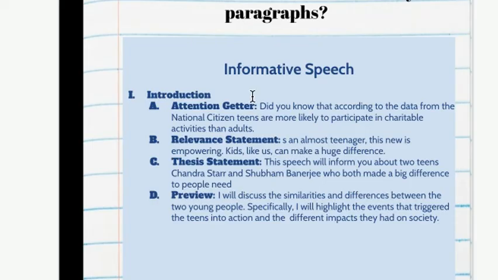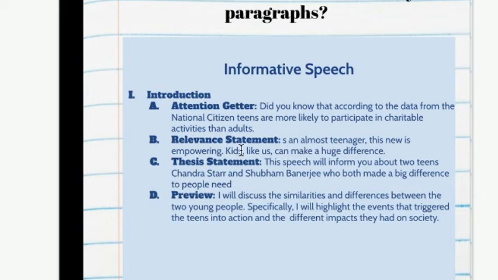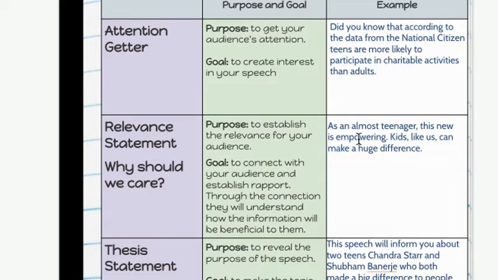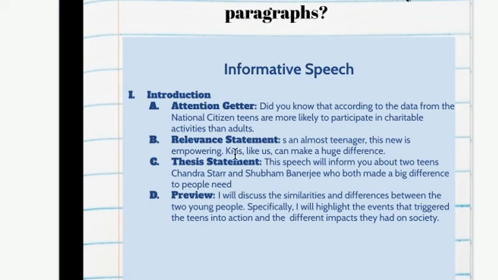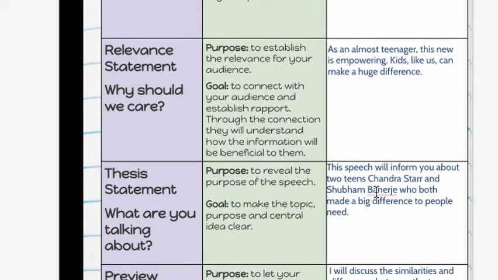So you'll write in attention getter, and then you go to here and you put in the attention getter that we did. Then you go back and you do relevance statement, and you go up here and you do our relevance statement. And then you do thesis statement, and you go back here and you grab our thesis statement.